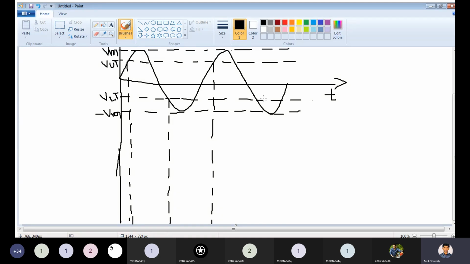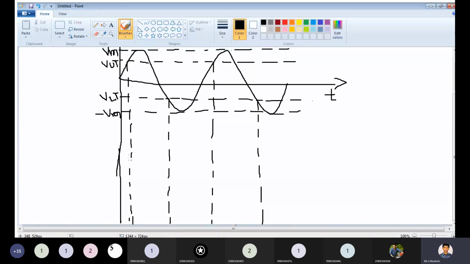Okay. So now we need to draw the upper threshold. The VUT value is equal to positive V saturation, right?